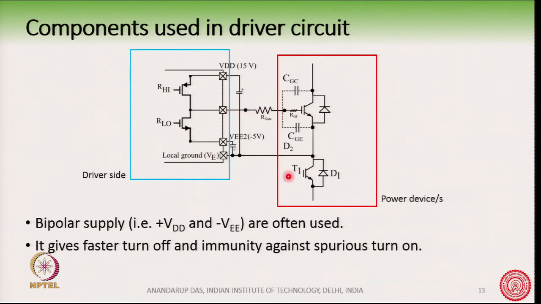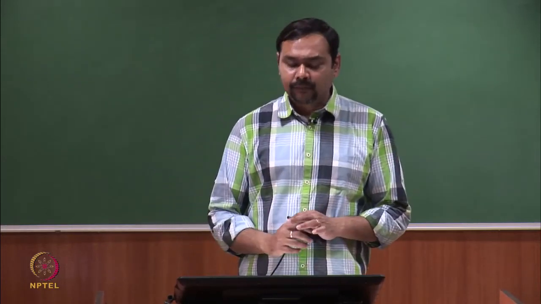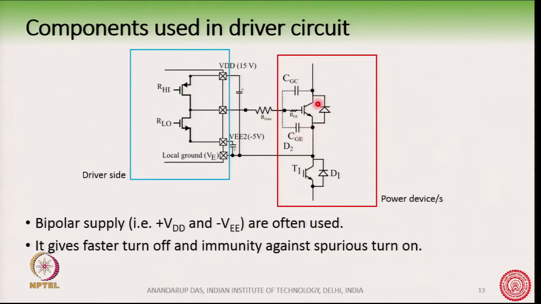Now, when we want to discharge it, we would like to discharge it to a negative voltage. There are certain advantages. First, if you discharge it to a negative voltage, it will give you a faster turn off, and there will also be immunity against spurious turn on. We will discuss that sometime later, but you should understand that basically we are trying to charge these two capacitors up.